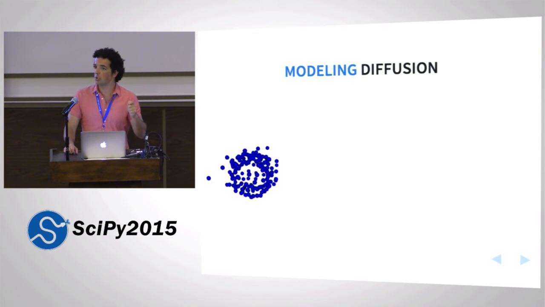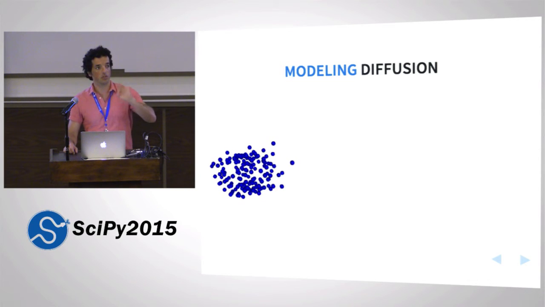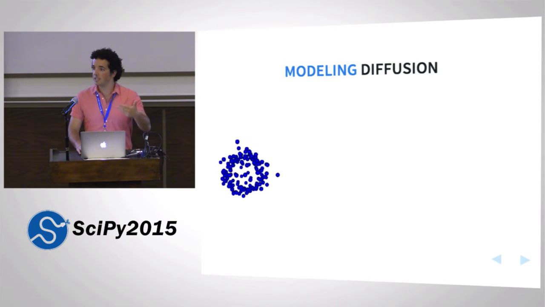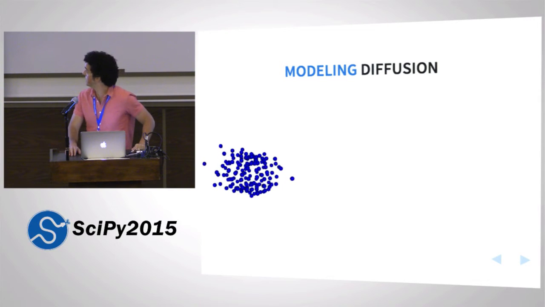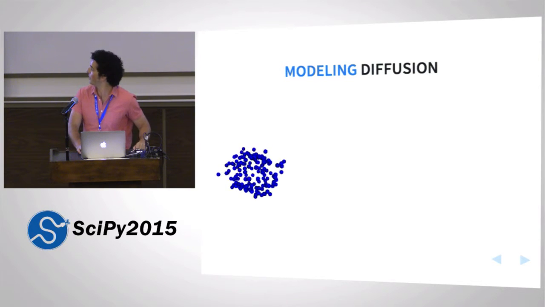Each point in this point cloud is a measurement in one direction, and the distance from the center of this point cloud is an estimate of the diffusion distance of the water inside of this cube. As you can see, the diffusion in this particular location is quite anisotropic.